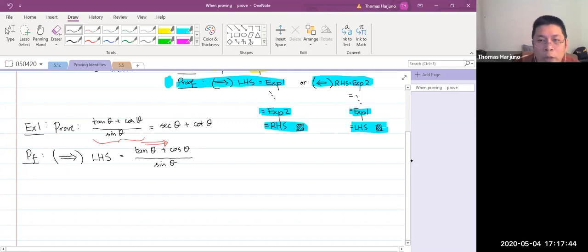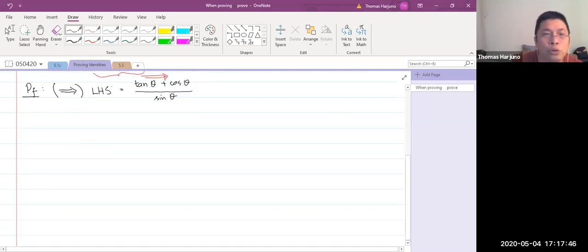And when we do proofing, you try to show your work in detail. So, one step at a time. Don't do too many things at once. Maybe I write it down. First, the next step should be done in the next line.